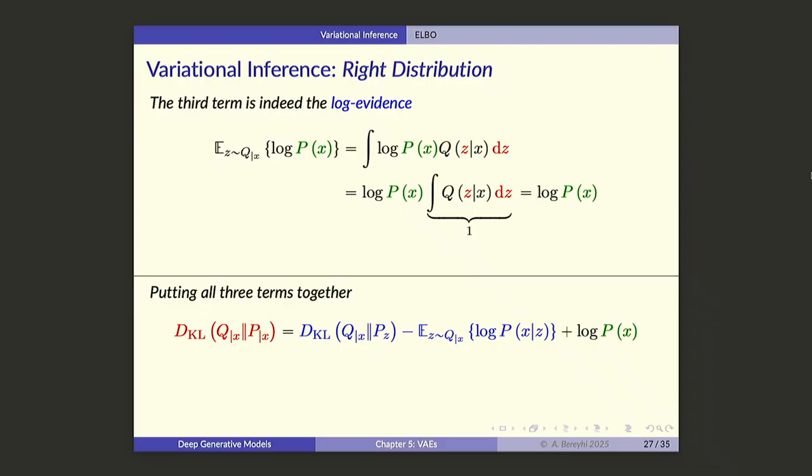So if I want to do any optimization on Q, I don't really need to think about this guy. I only need to work with these 2, right? And these 2 I can compute, I can estimate. So this is a kind of tractable way that we can actually minimize that KL divergence without the need to know the posterior distribution itself, right?